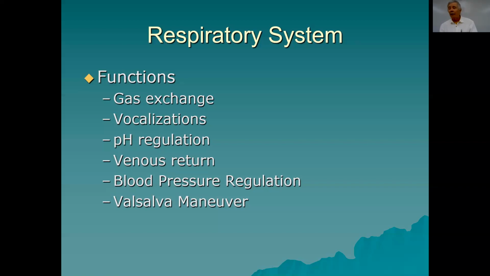It's closed. And if you close your glottis and contract your abdominal muscles, this is called the Valsalva maneuver. And what it's used for is elimination, urination and defecation. We will use the Valsalva maneuver for that.